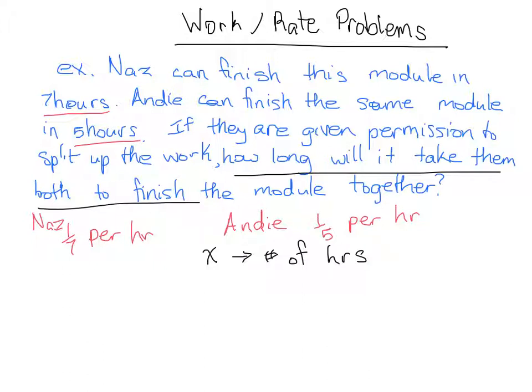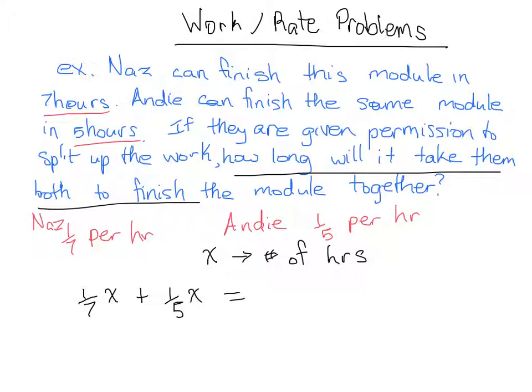So that means that 1/7 times x is what portion of the module Naz will be doing. And we're going to add it to the portion of the module that Andy will be doing, so 1/5 of x.